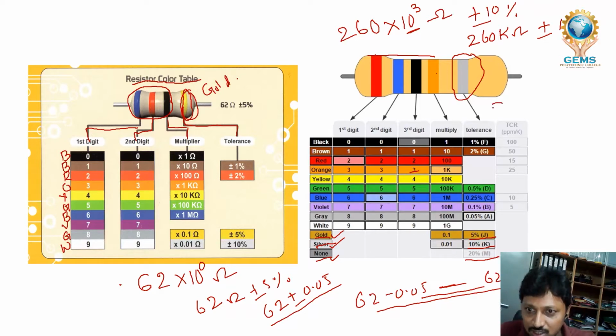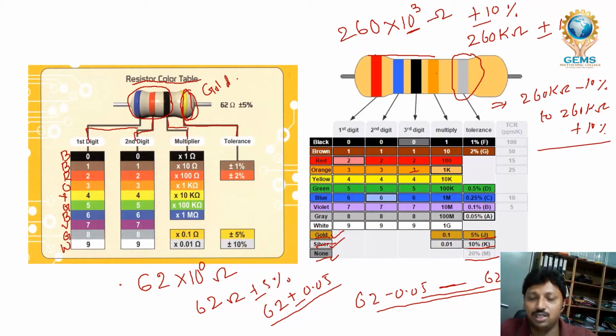So this resistance value would be 26 kilo ohm minus 10% to 26 kilo ohm plus 10%. In this range, the resistance value would be. That's how we find the resistance value by using the color code method.